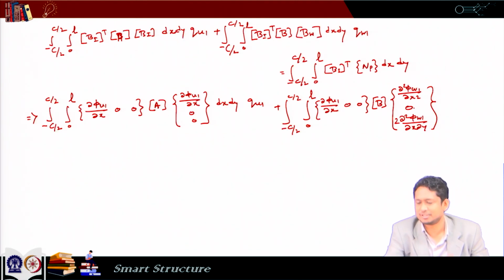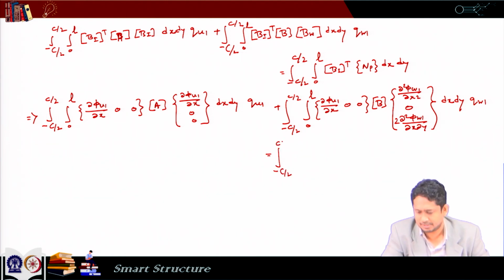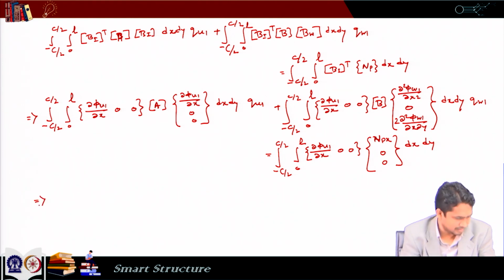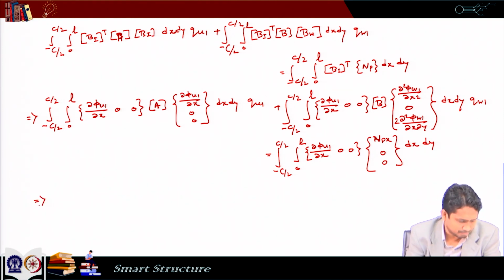So, that is why the middle term is 0 and the other two terms are non-zero. dx dy, and this is multiplied by qw1, minus c/2 to c/2, 0 to L, and this quantity is del phi u1 by del x, 0, 0, and here we have Npx, 0, 0 and dx dy.